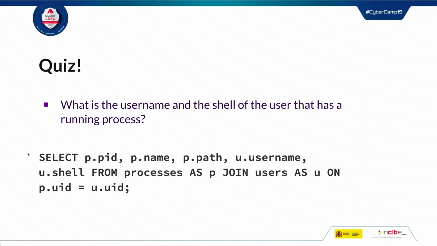This is where the use of the SQL comes in, and the join is done here. You can see how powerful this tool can be when you want to extract information from systems. And it can be quite a large quantity of information, especially if you have many machines.